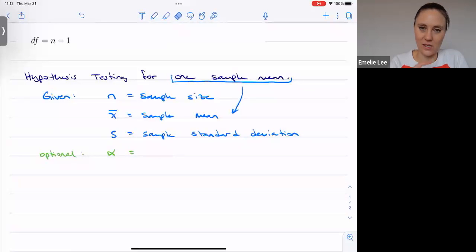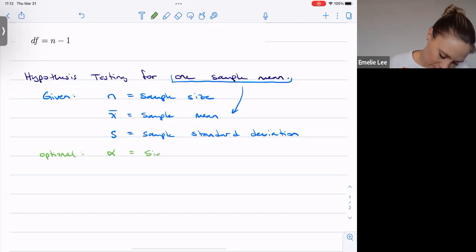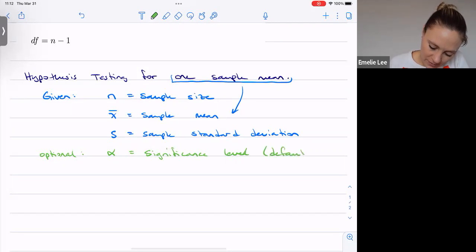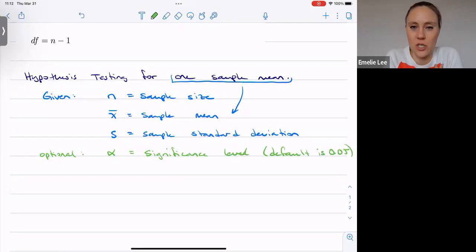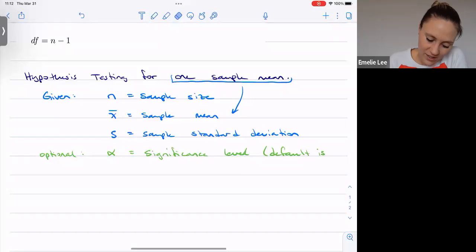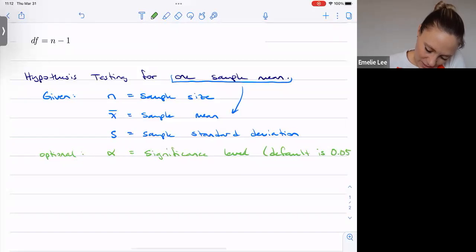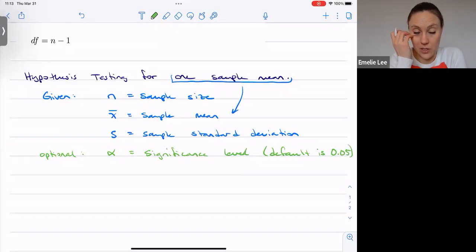It's not the confidence level. Significance level. And if it's not given, the default is 0.05. Right? So there will be a lot of questions where it's not given, and that's okay, right? Then you have a default of 0.05. And just in life, that's going to be your default as well, right? So you don't need to be kind of hand-fed a significance level or an alpha level. You know that you can just use 0.05.